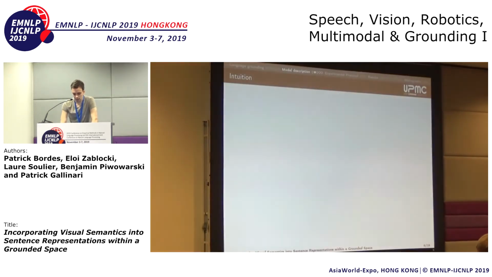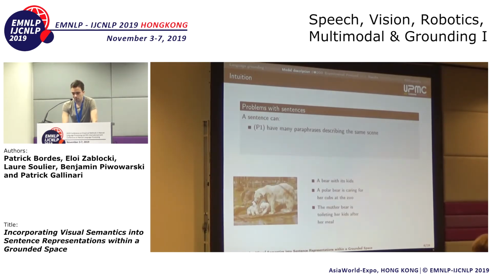So very briefly, I'm going to give the intuition behind our model. First, we began by listing the differences between sentences and words. Very simple differences. For a given image, we have a quasi-infinity of sentences describing that image, which is not true for words.